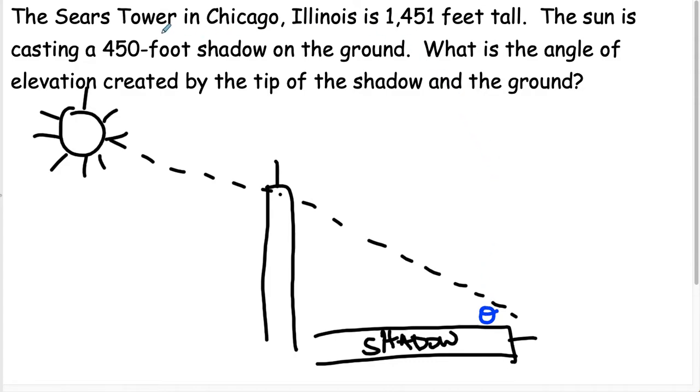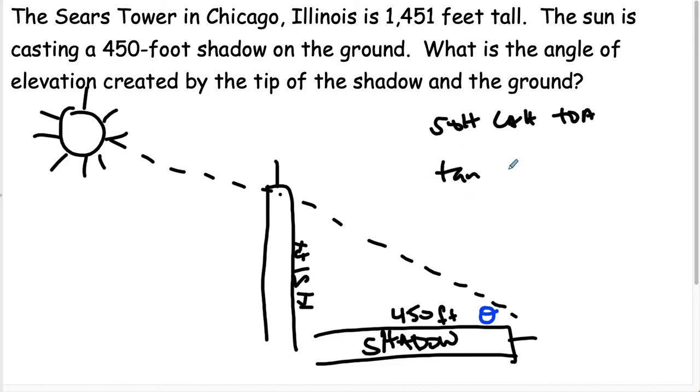All right, so we know that it is 1,451 feet tall, and then the shadow is 450 feet. Okay, so we're going to use tangent again. So TOA, and now we're going to use tangent of the angle, which is equal to opposite, which is 1,451, divided by its adjacent side, which is 450.